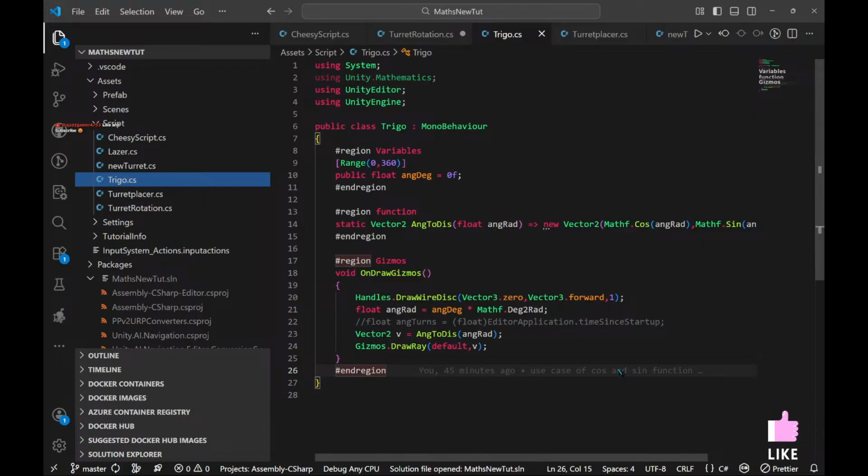Now we have to declare our float type public.